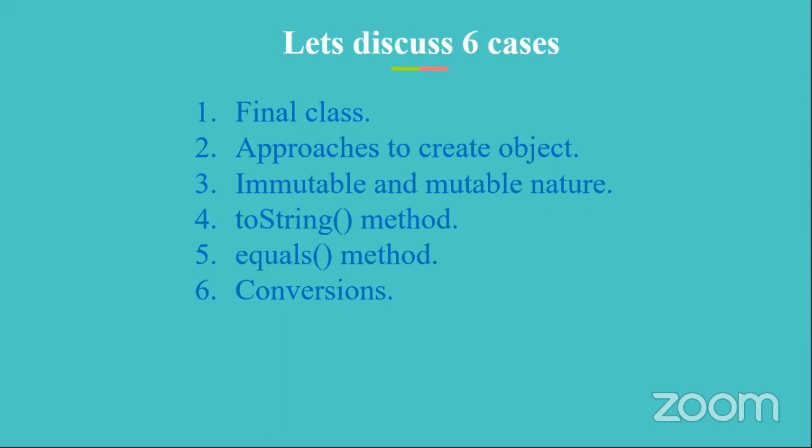We'll also discuss the toString method and equals method, and conversion of the string, that is, how to convert string to string buffer and string buffer to string. So we will discuss these six cases in this lesson under string manipulation.